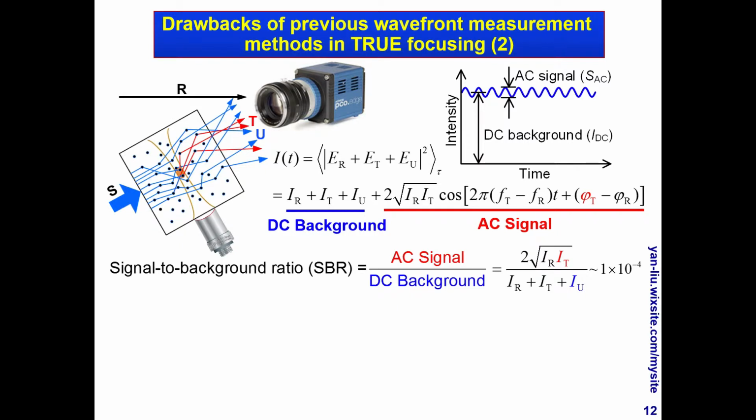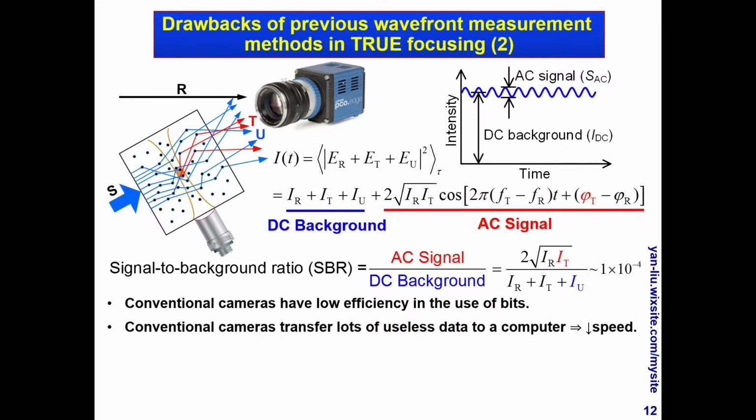So for conventional cameras, after analog to digital conversion, most bits of a pixel value have to be used to represent this informationless DC background, while only a few bits can be used to represent this useful AC signal. This is low efficiency in the use of bits. Also, a conventional camera transfers data corresponding to both DC background and AC signal to a computer.